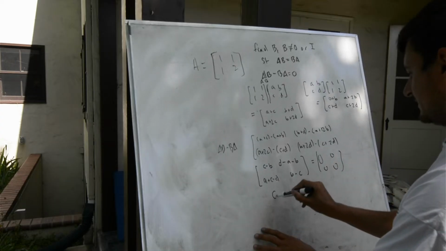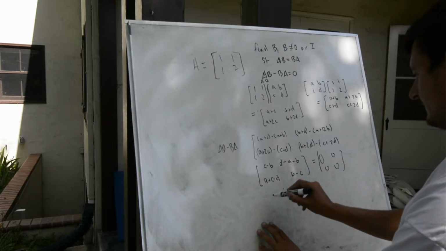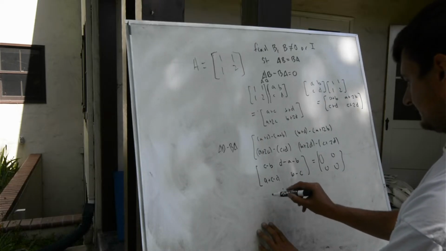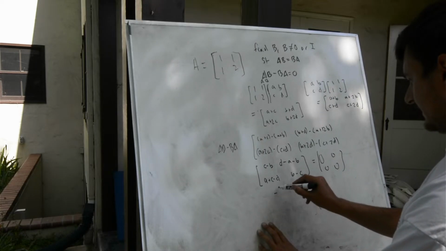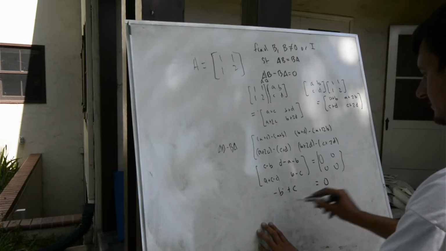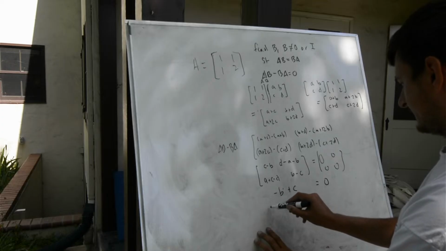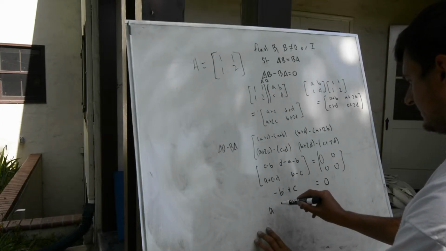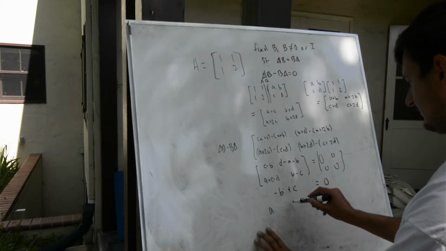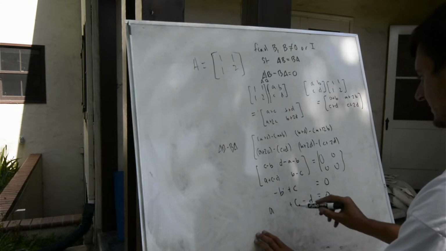So C minus B is equal to 0. A plus C minus D is equal to 0.